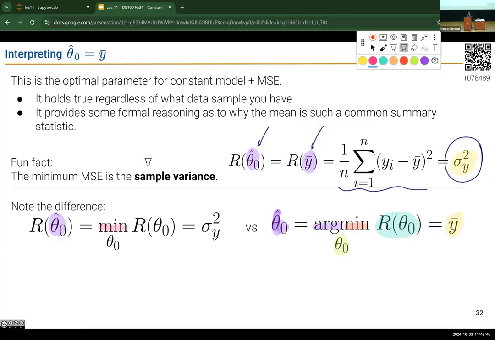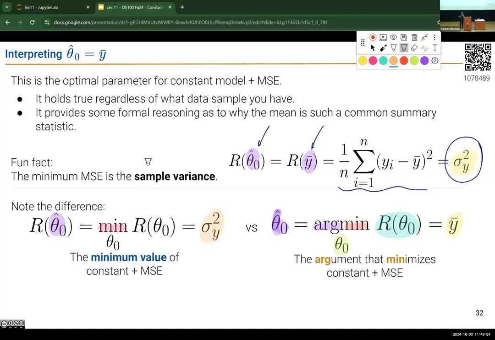You can calculate it, that is going to be the sample variance. But again, we care less about the minimum value of a function, and more about the argmin. Every time you hear that we're calculating argmin, or the argument that minimizes this and that, you know that it is the estimation process.